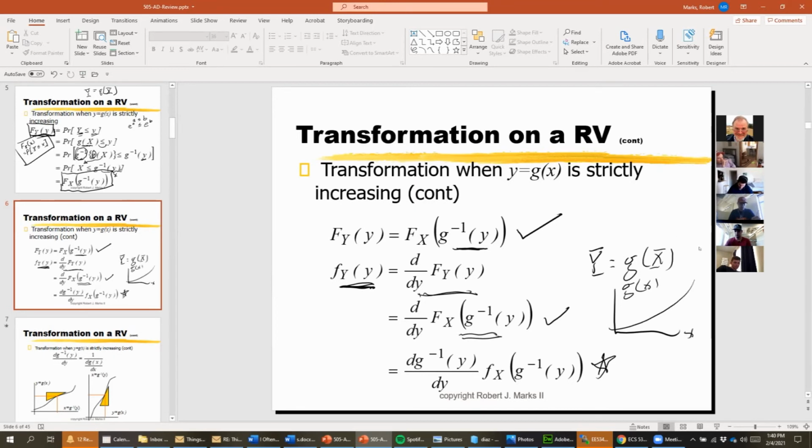Has to be strictly increasing. That we can get the distribution of y from the distribution of x by this formula. So this is all well and good.